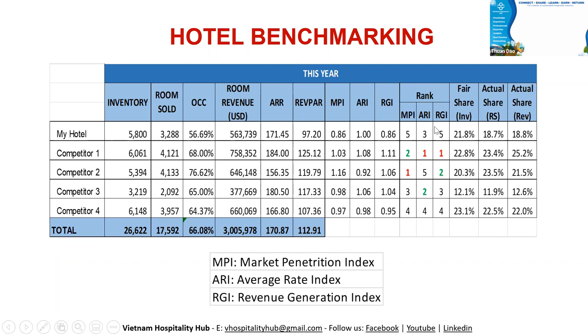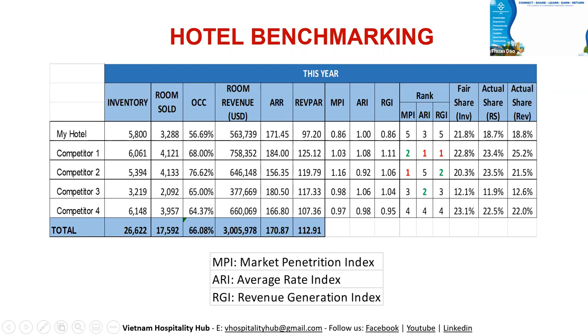And then they rank you, whether you are number 1 of 5 or number 2 of 5. They just put a ranking for you. So from that you will understand that this month my hotel is doing good in terms of occupancy, in terms of ADR, or in terms of RevPAR, and where we are in the CompSet.